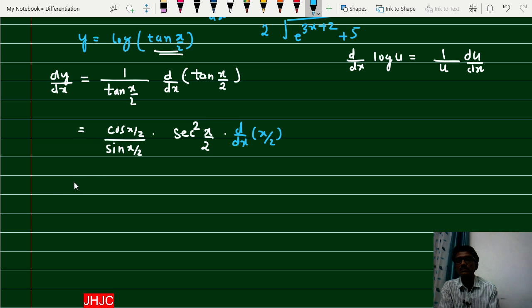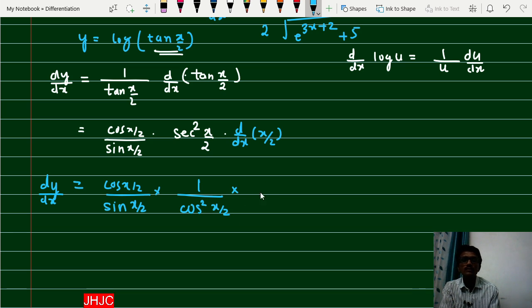So dy by dx is equal to cos of x by 2 upon sin of x by 2 into, this is what, 1 upon cos square, sec square meaning cos square in denominator, x by 2, and the derivative of x by 2 is what, 1 by 2 into derivative of x, that is 1 by 2.